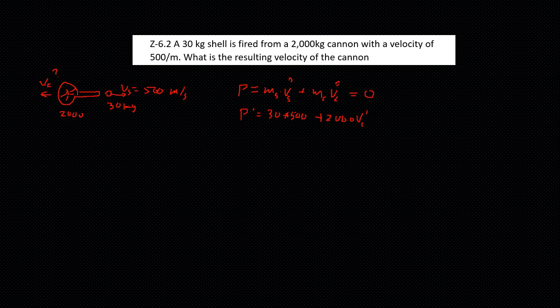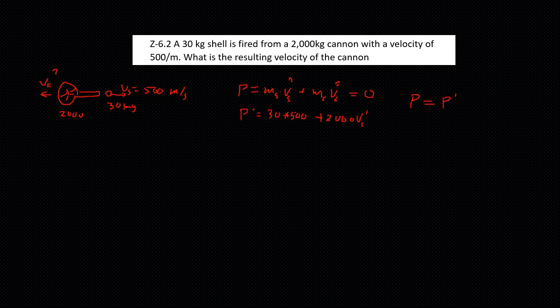We don't know what that is, but we do know that the momentum before should equal the momentum after, if we ignore friction and say the interactions are only among themselves. It's the internal interaction only, so the momentum is conserved.